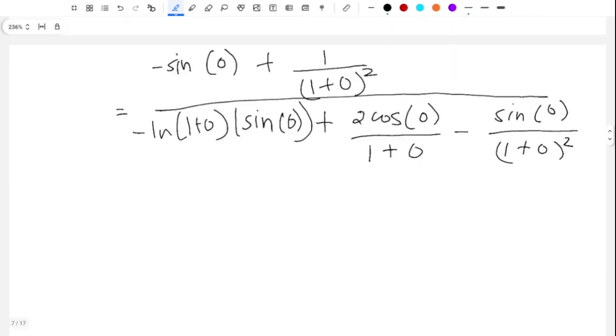Still with me? Now let us use again our scientific calculator to avoid mistakes.